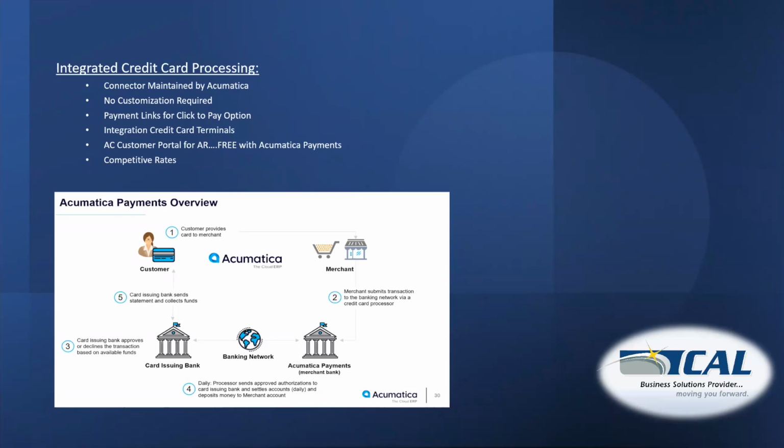So not only is this going to be more efficient for you, but it's going to be more cost effective using this new Acumatica Payments option. If you're interested in pursuing this, learning more about this, just reach out to Cal and we will be happy to introduce you to the Acumatica Payments team where they can provide you with a full demo of that functionality.